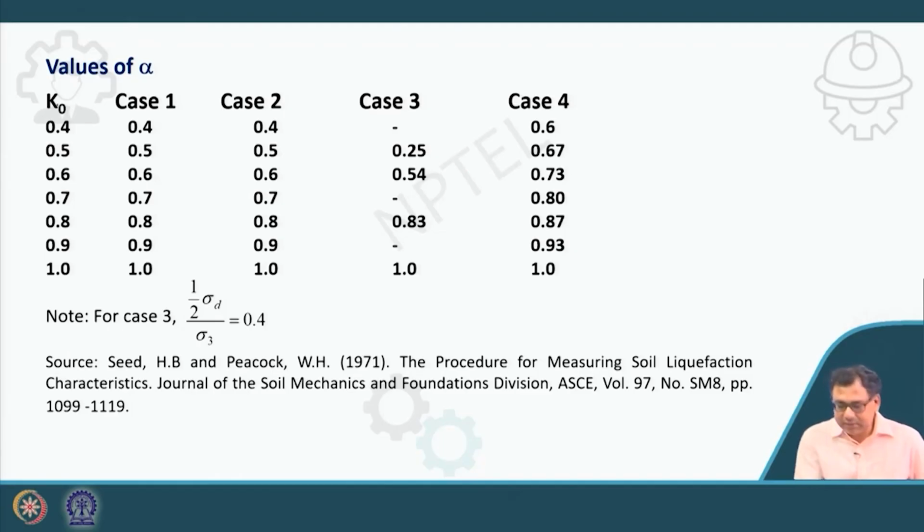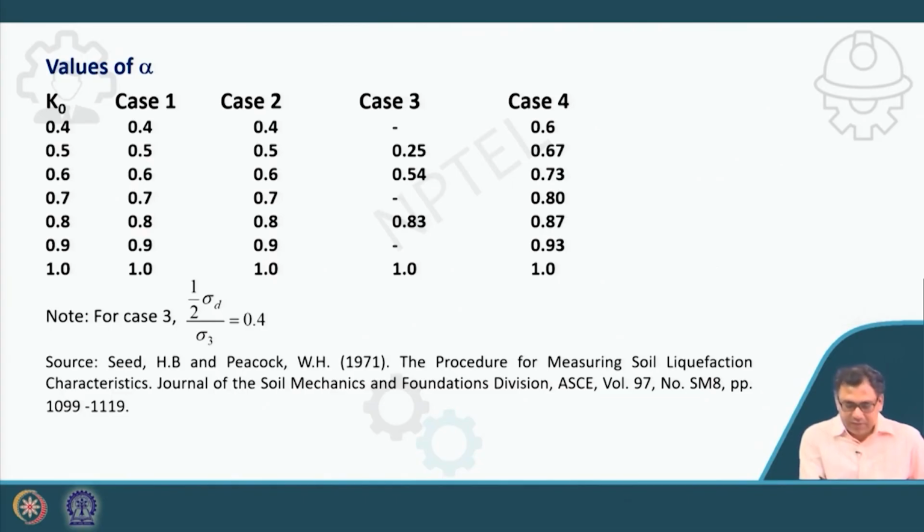Now this alpha value you can get from this table, this is the reference. For case 1, alpha is equal to k0. For case 1 and case 2, if k0 is equal to 0.4, alpha for case 1 is the same as k0.